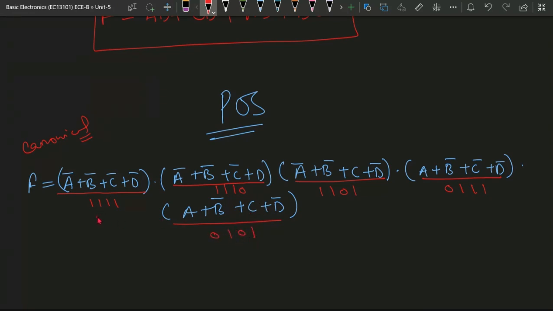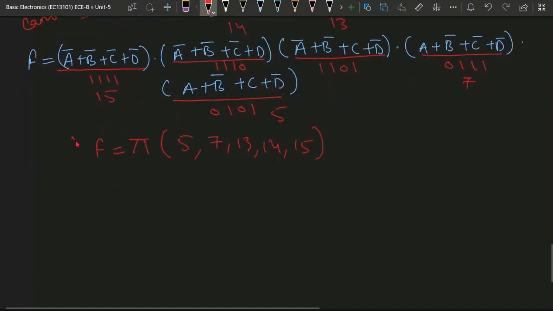So this is 15, this is 14, this is 13, this is 7, and this is 5. So F can be represented by the capital pi, that is for product, of max terms 5, 7, 13, 14, and 15. This is the F function.